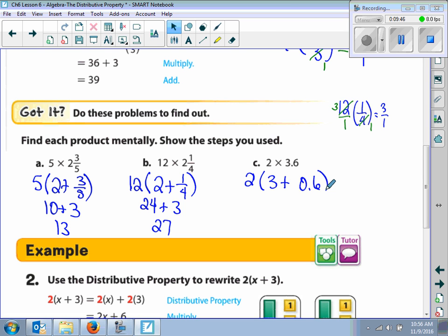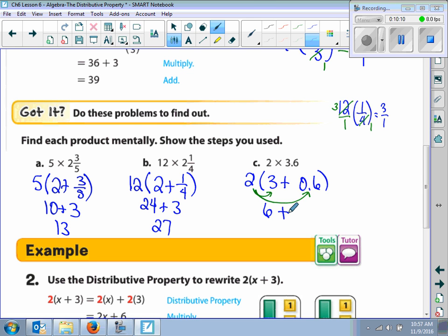Okay? You guys, if you need to do the arrows like this, okay, you can do that too. So here we've got 2 times 3, which is 6, plus 2 times 6/10, or 0.6, which is what?